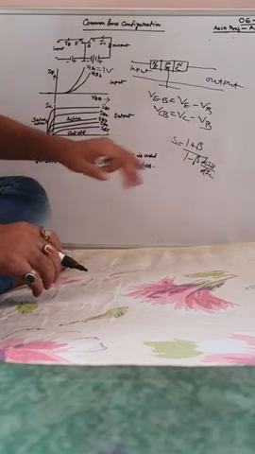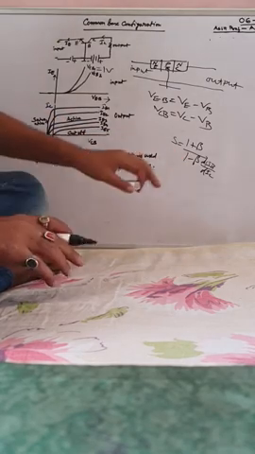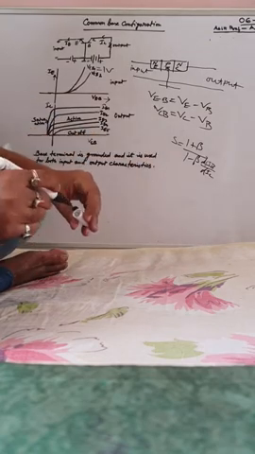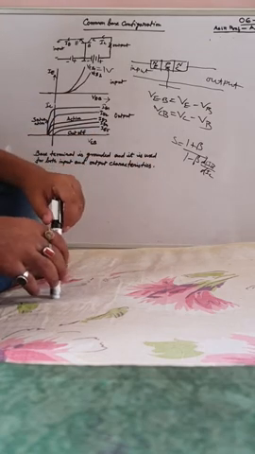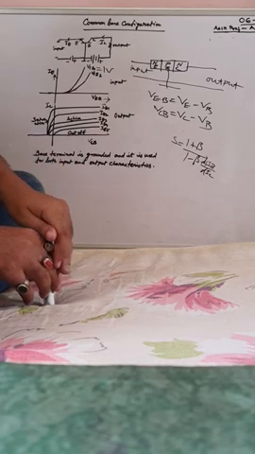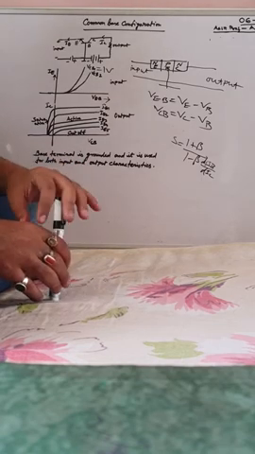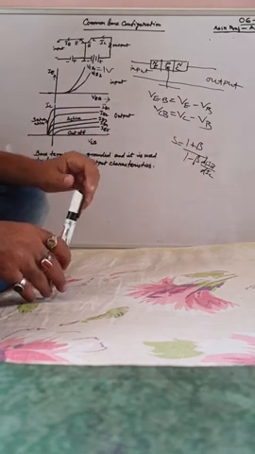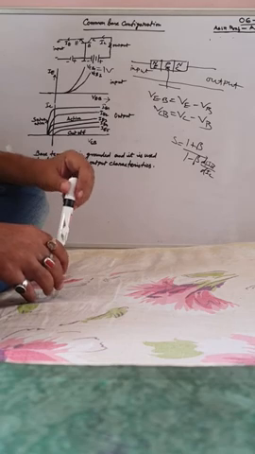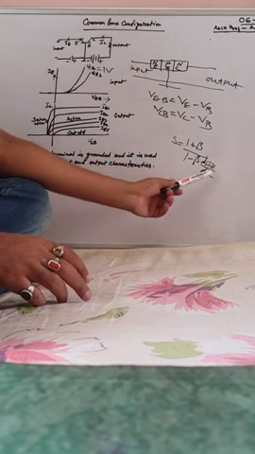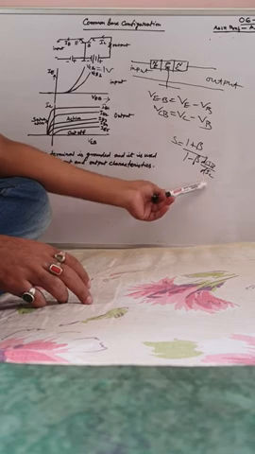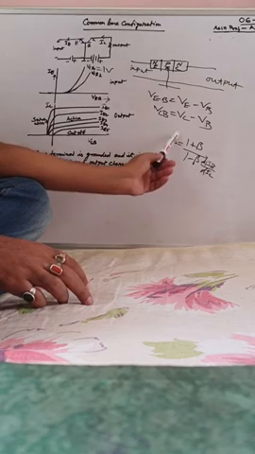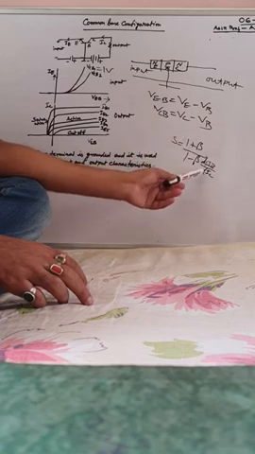I will show you how to calculate the stability factor for 4 different circuits with the help of the stability analysis method. Your aim will be to find del IB by del IC for a particular circuit, so that you can calculate its stability factor.